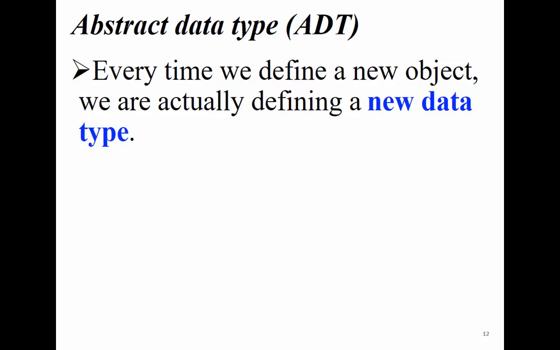So before we dig deep, let us discuss some abstract things. When we say abstract data type, every time we define a new class, we are actually adding a new data type to the set of Java. Like Bicycle, it's a new class. When you decide to create a class called Bicycle, you create a new data type and add it to the set of data types inside Java.